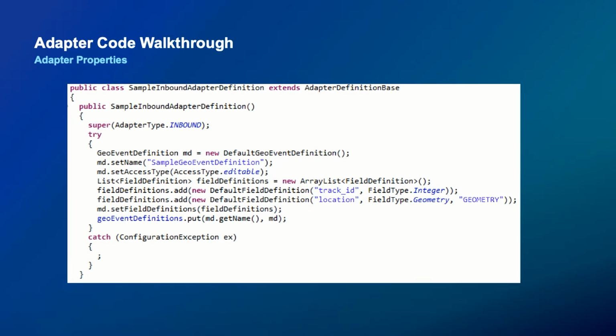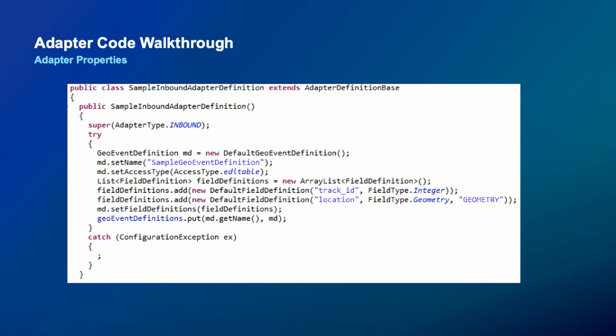So the code here is a Java class that defines the adapter definition and the properties. First, in the constructor of this definition class, it creates a GeoEvent definition. As we know, each GeoEvent must have a GeoEvent definition. The GeoEvent definition defines the fields, their types, and cardinalities.